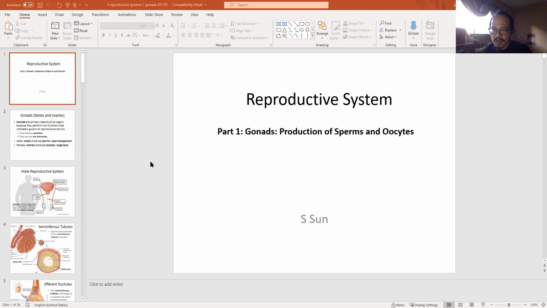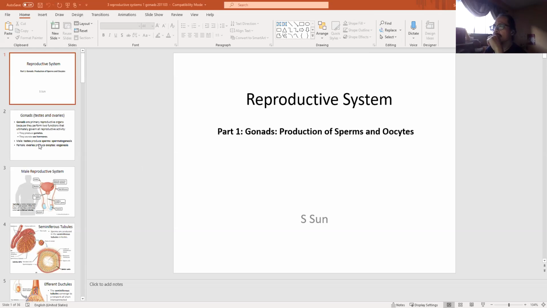Because if we don't know the foundation of this system, you have no idea what kind of genetic effects could cause phenotypic traits visible or detectable in this system. So it's quite important to have an understanding of this system. We will probably have three portions, and this is part one.